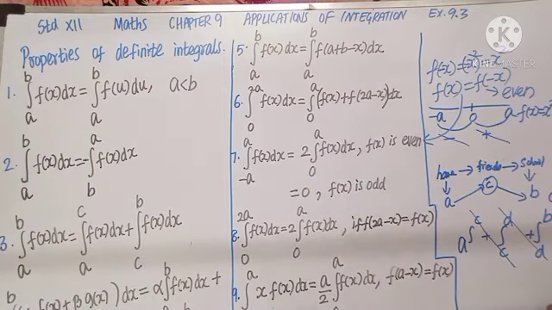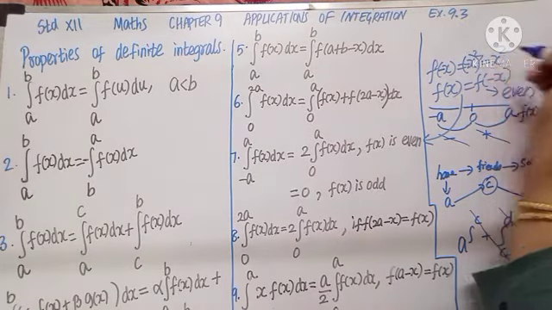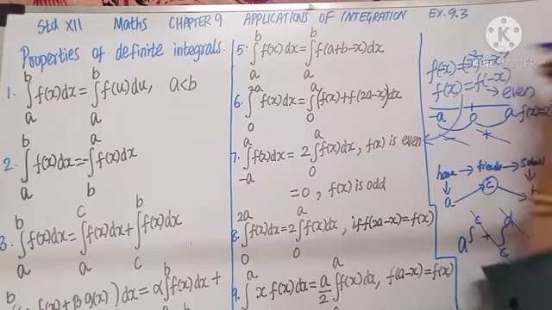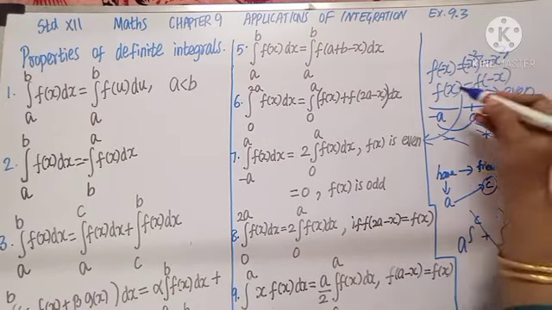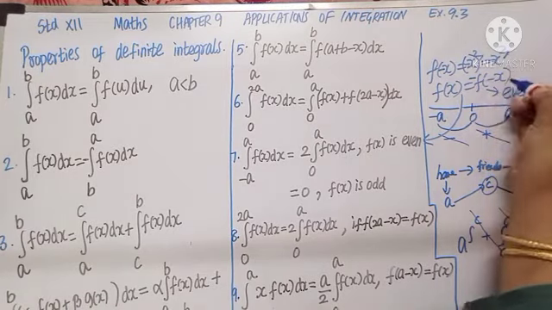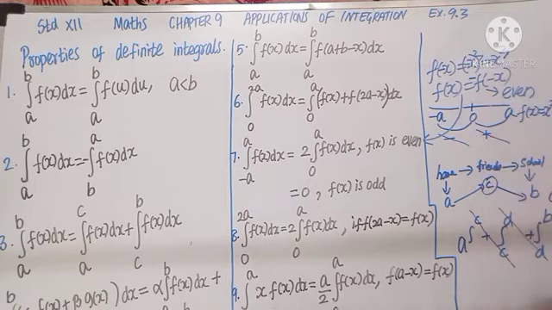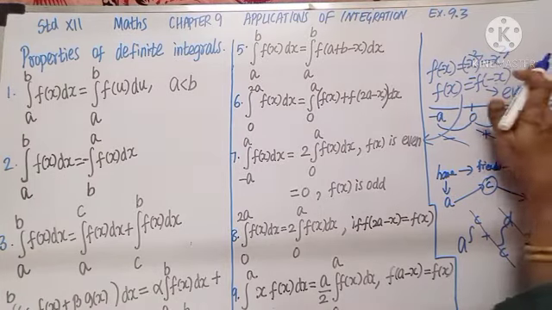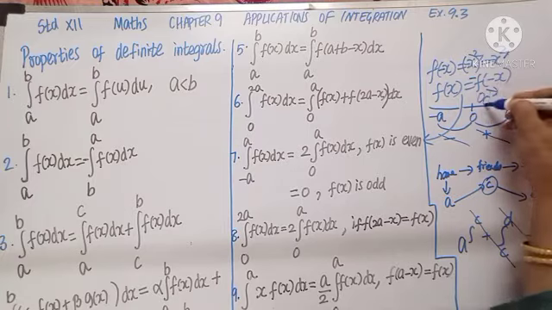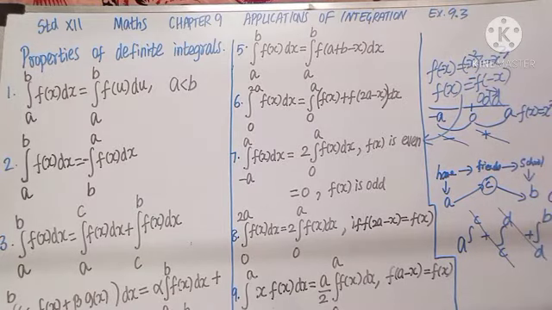Suppose x cube is coming. Minus x the whole cube will be minus x cube. Now f of x and f of minus x change in symbol. In that case, I will call it an odd function. In general, you can remember: if the power of x is even, it is an even function.